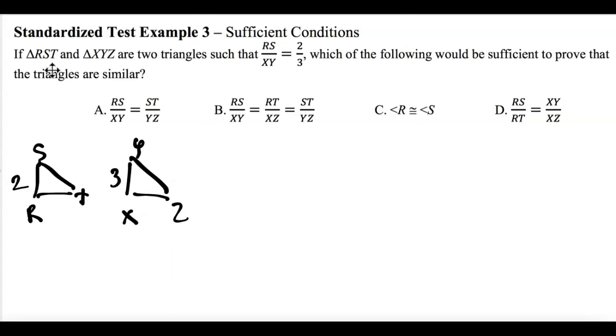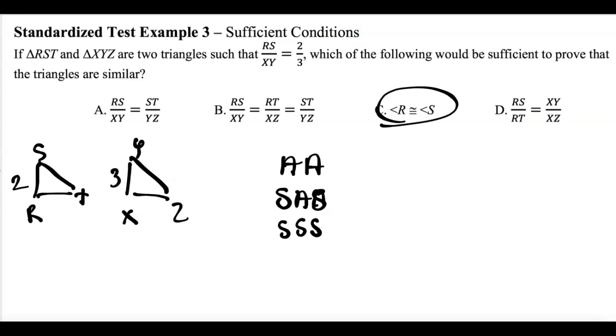Which of the following is sufficient to prove that the triangles are similar? So again, we would need to apply either angle, side, angle, side, or side, side, side. So we only really know that this one side is... Okay, so if we were to look at this one, angle R and angle S, these are in the same triangle, so it's not really going to be helpful.